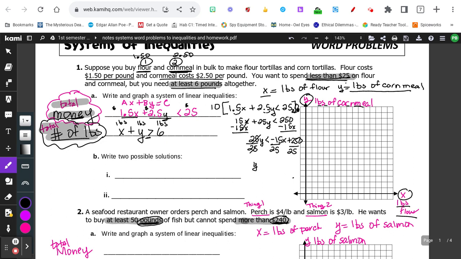So that's going to be y less than or equal to negative 15 over 25x plus, how many 25s make 250? That would be 10. Now, I'm going to simplify my slope by dividing them both by 5. Negative 15 divided by 5 is negative 3. 25 divided by 5 is 5.